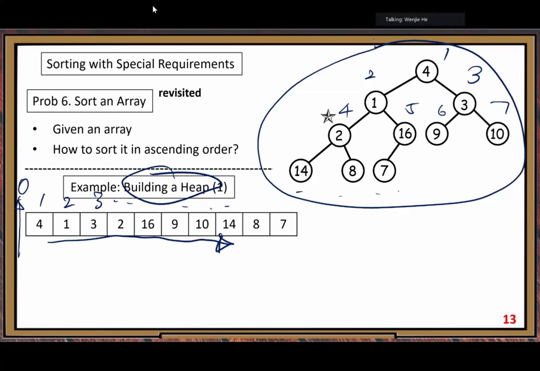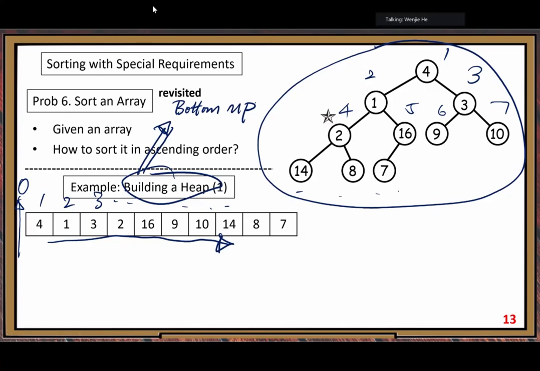Here, let me give you the order we will do for this building heap step. The order is bottom up. From bottom, then going up, level by level.